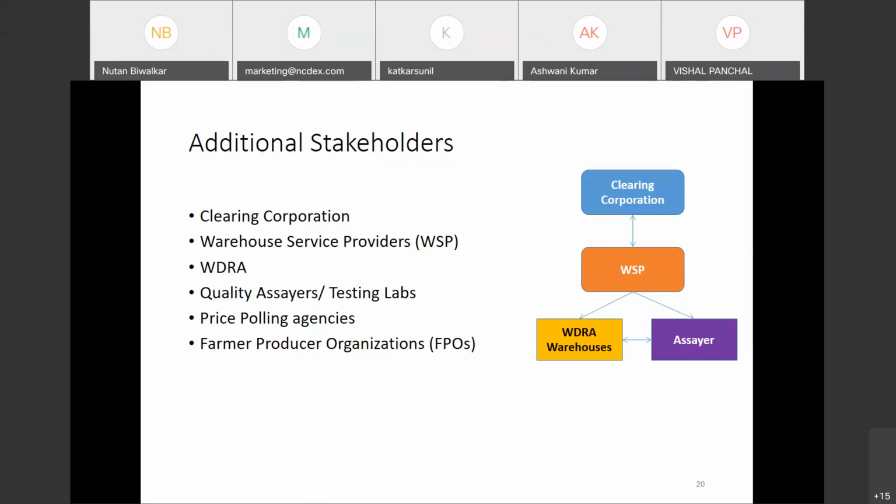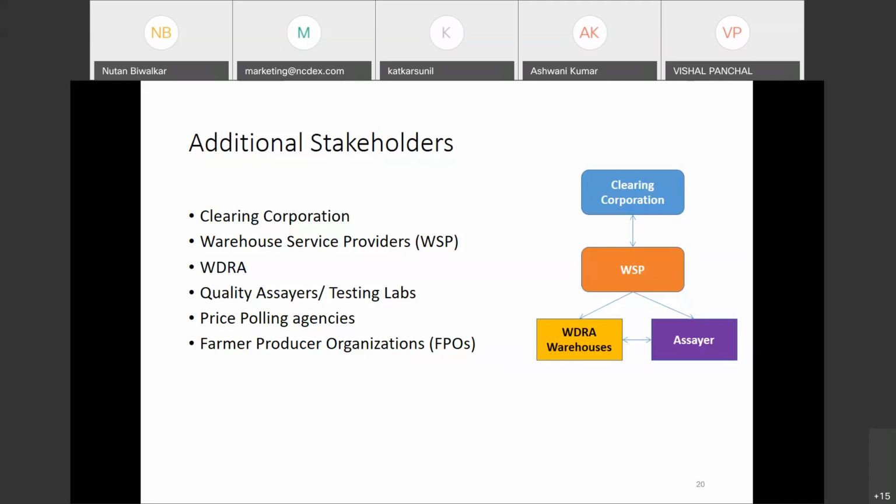We have already issued a circular to all the stock exchanges that commodities deposited in accredited warehouses should be assessed by a quality assessor, that is, a testing lab accredited and certified by NABL. No local assessor will be entertained, and the report of a local assessor will not be accepted. So all the labs should be certified and accredited by NABL or any international standard agency.